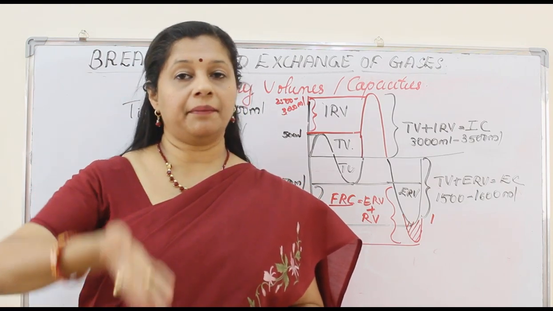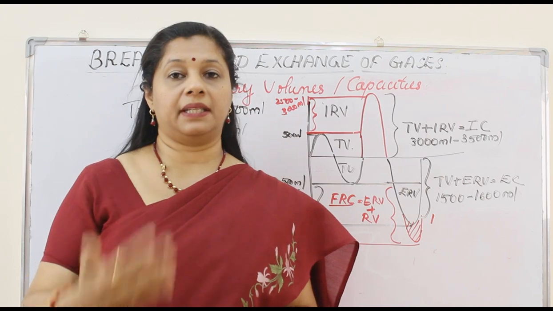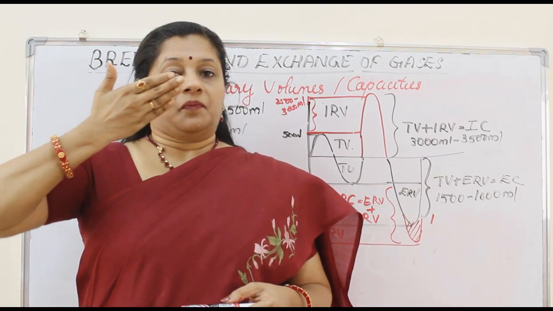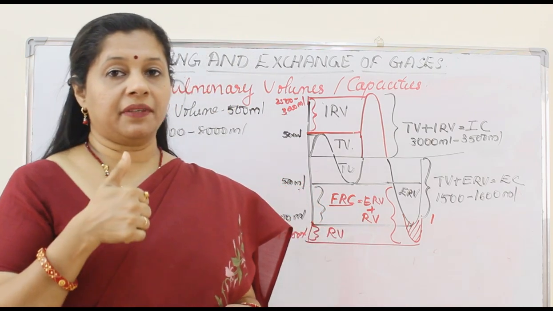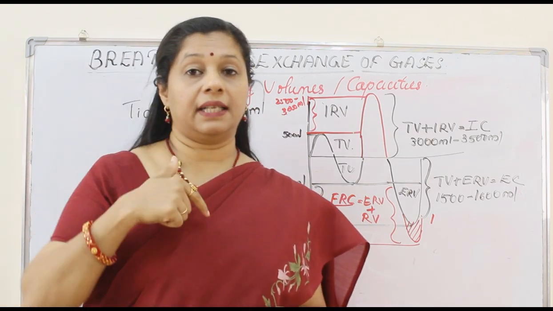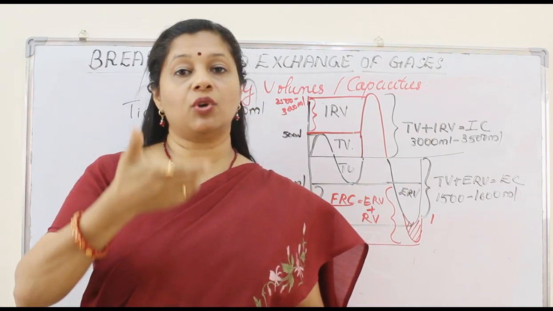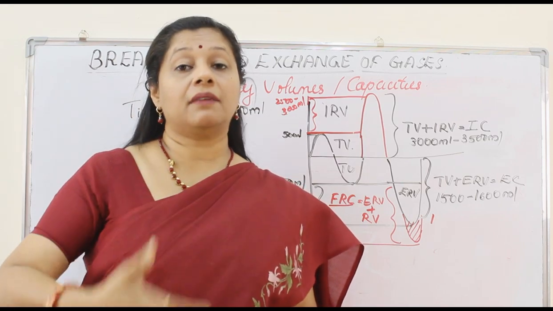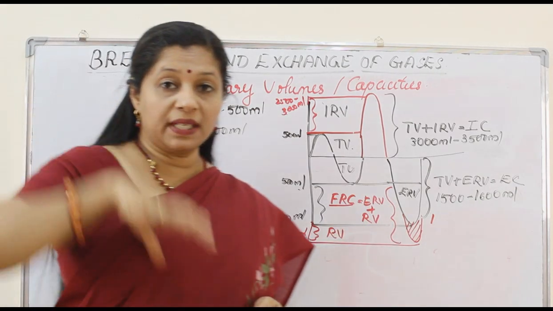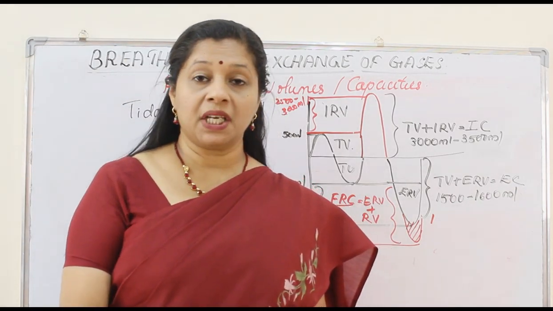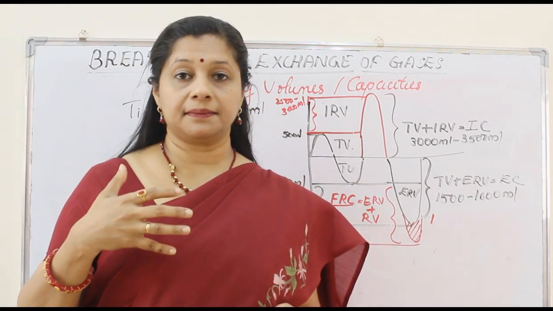Okay. Now I am taking in deep breaths. So what am I taking in? Of course tidal volume is there. Apart from that, what could I take in? The inspiratory reserve volume, the additional volume of air I can breathe in by a forceful inhalation. And the expiratory reserve volume I had given out forcefully will also be coming back, right?